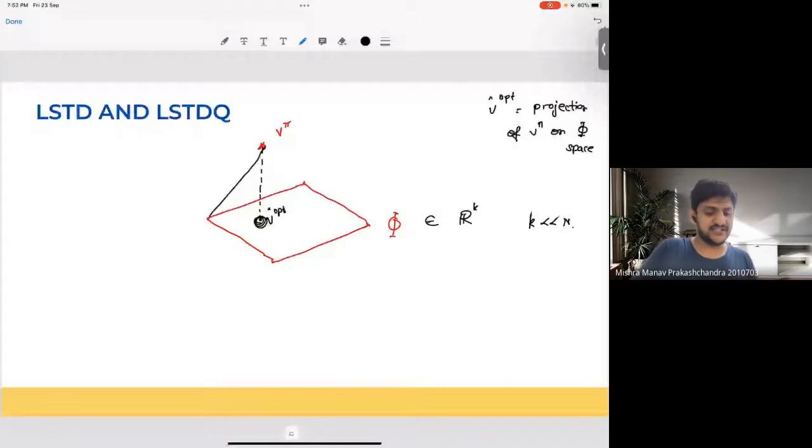I think I should change the network. It's getting stuck. You guys can see my screen correctly, right?